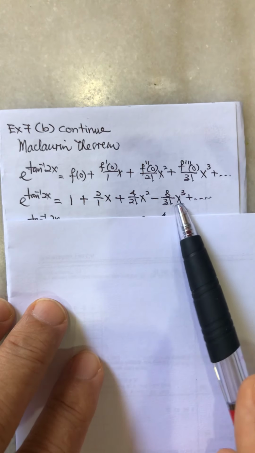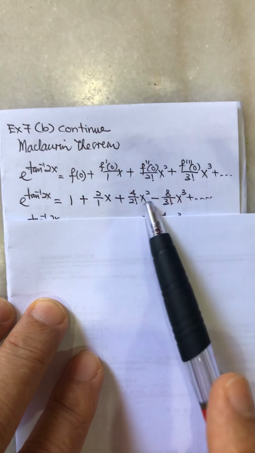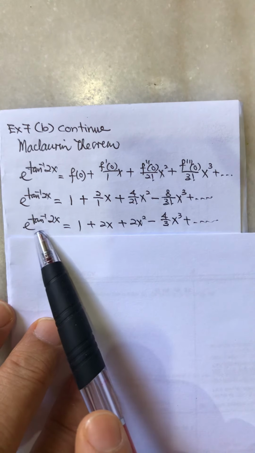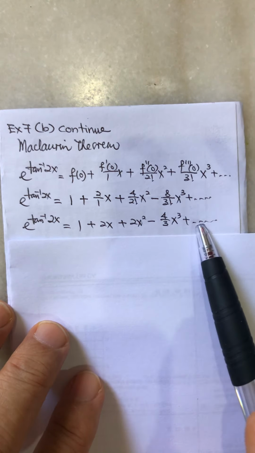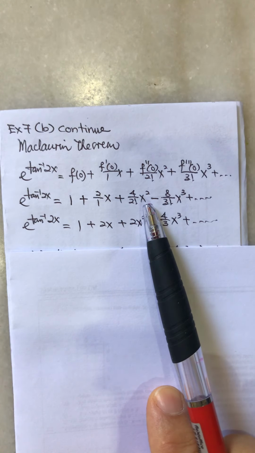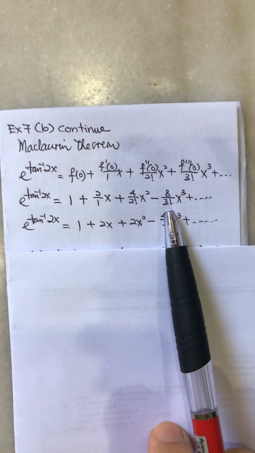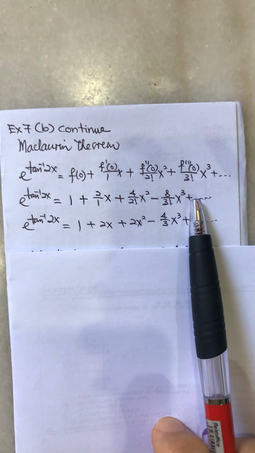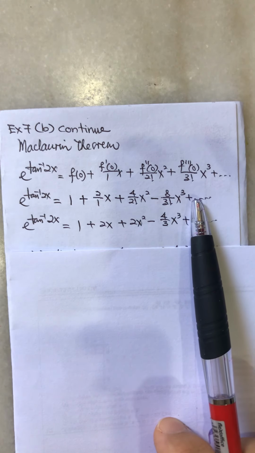Once I substitute all these values, I get this. Then I simplify, and I get this. Okay, finished. So that is the Maclaurin series for e to the power arctangent x.